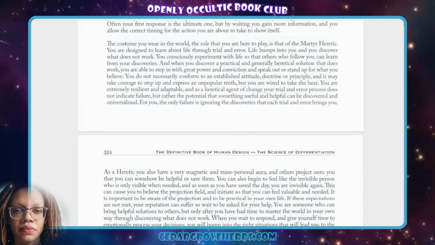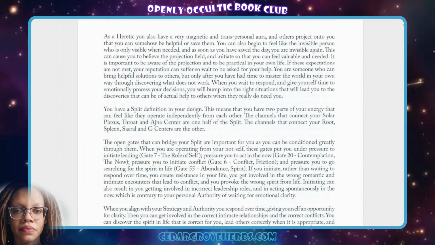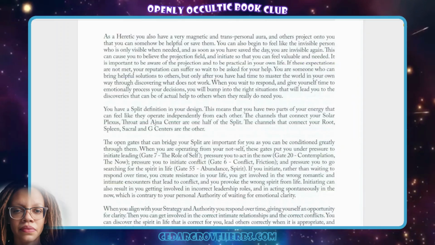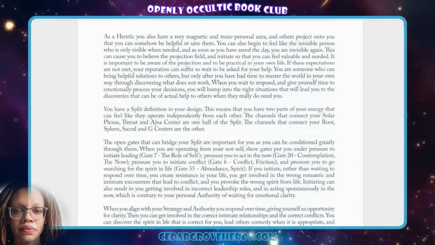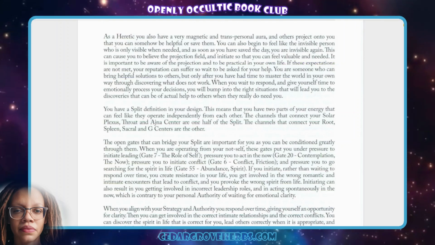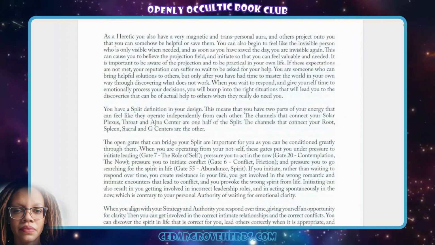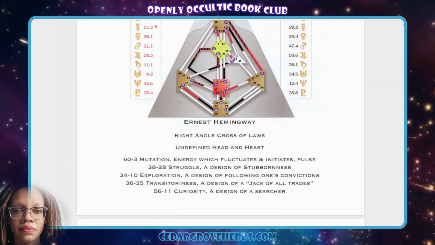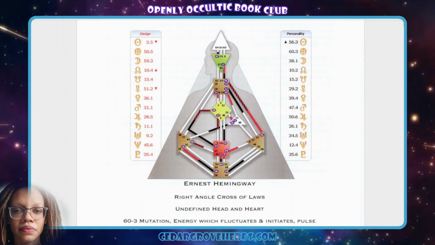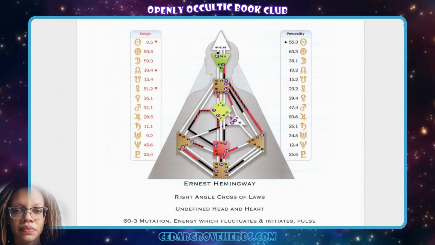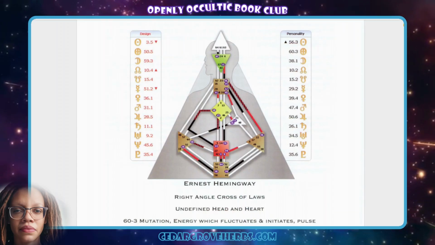Also, if they had gate 6, it would flow continuously. But since they don't have it, they feel pressure to initiate conflict because gate 6 is the gate of conflict. Gate 6 is here in the solar plexus in the left corner triangle.